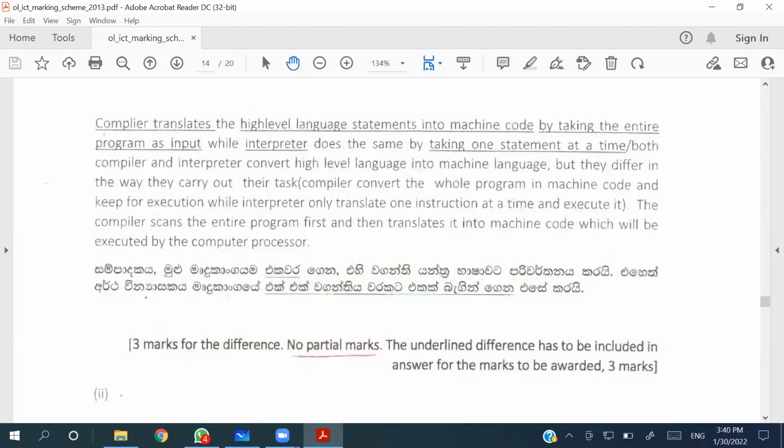Is there anyone who is writing this down? Okay. Since no one is writing that down, you go forward.